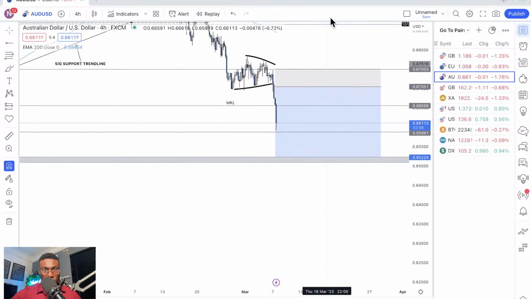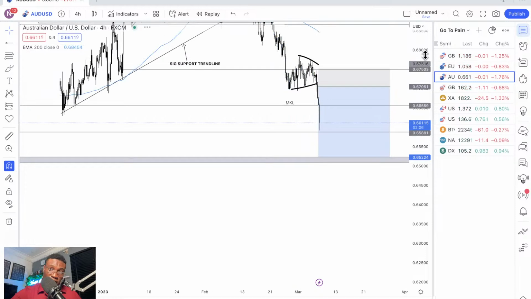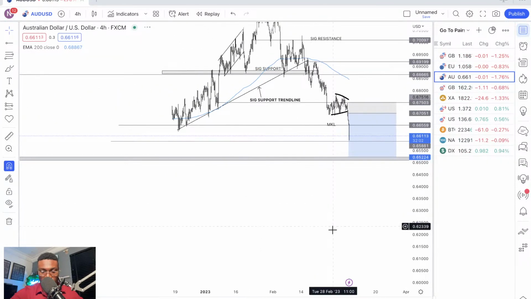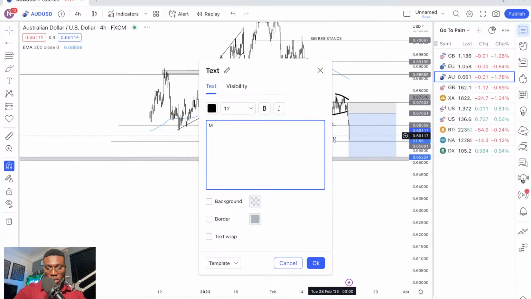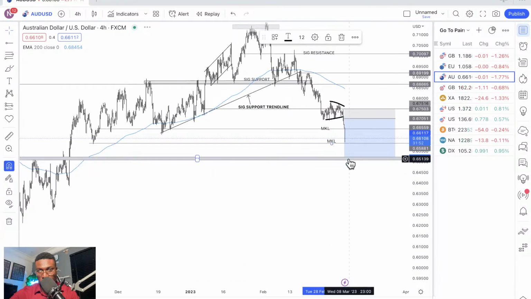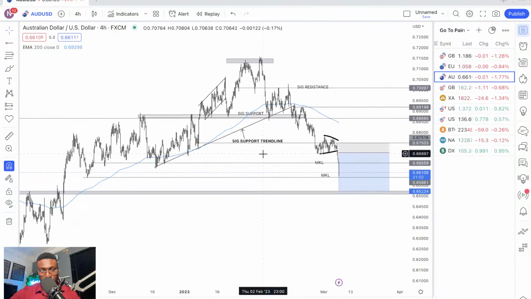I'm going to zoom out and go to the left side so that you guys can see why these are minor key levels in the Australian dollar market. I'm pretty sure you guys can see, right?